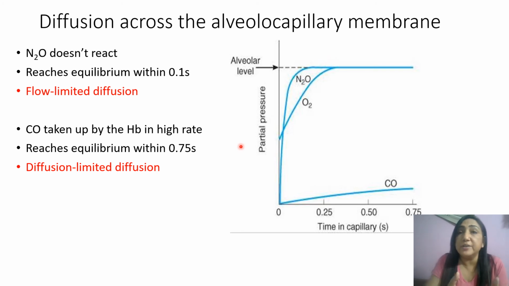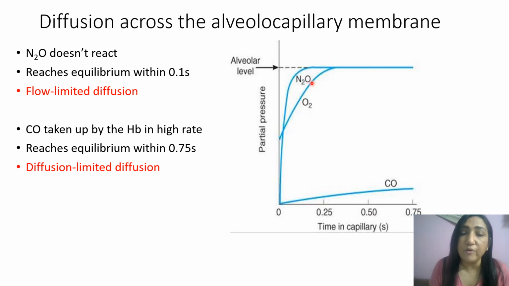So the concentration gradient is too high, and there is no carbon monoxide in the plasma at that level. So how much can come? It will diffuse because it is taken up by the hemoglobin. So this is called diffusion limited diffusion. Carbon monoxide takes this 0.75 second.